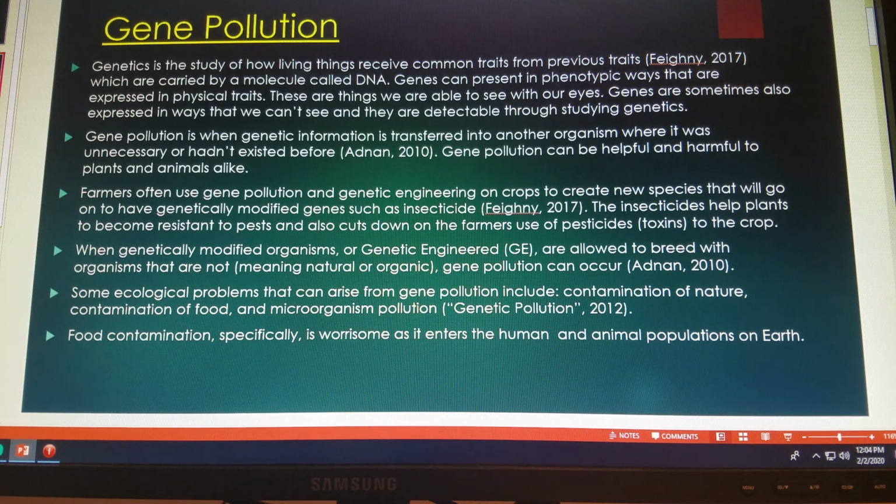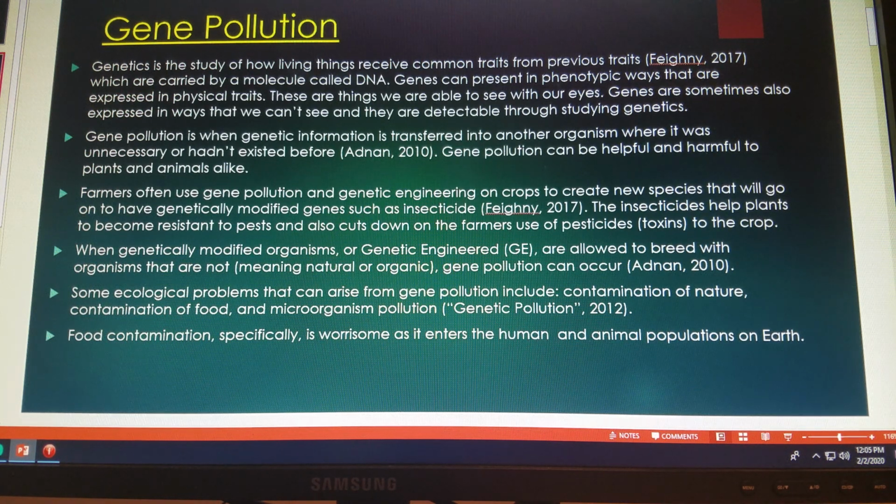When we mix those together, gene pollution does occur. Some ecological problems can arise from gene pollution, including contamination of nature, contamination of food, and microorganism pollution.